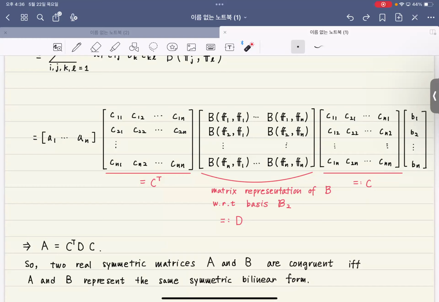So two real and symmetric matrices of the same size represent the same symmetric bilinear form if and only if they are congruent.